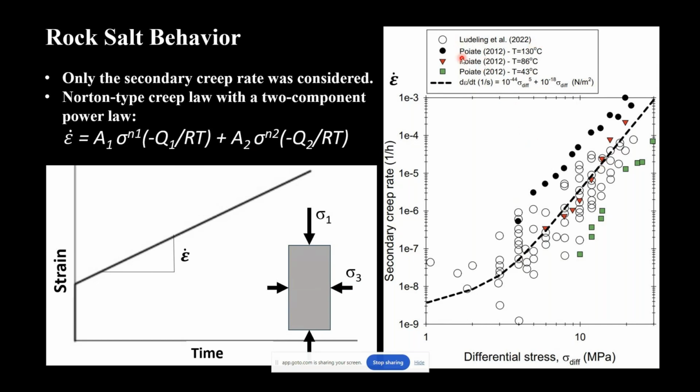And I also include the results from Poyat 2012, which presents triaxial test results under different temperatures for a rock salt from Taquari-Vassouras mining field in Brazil. And as we can see, the results from halite have a band, right? This is a log plot. In the y-axis, we have the secondary creep rate, and here we have the differential stress.